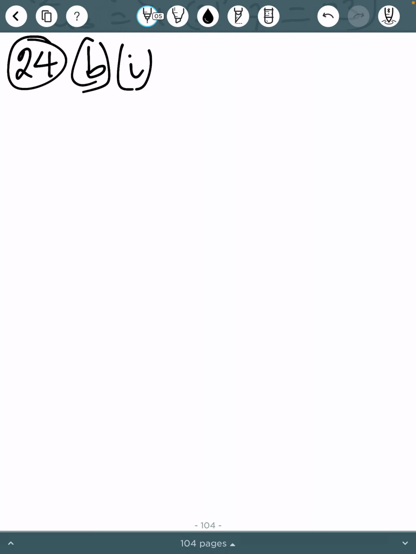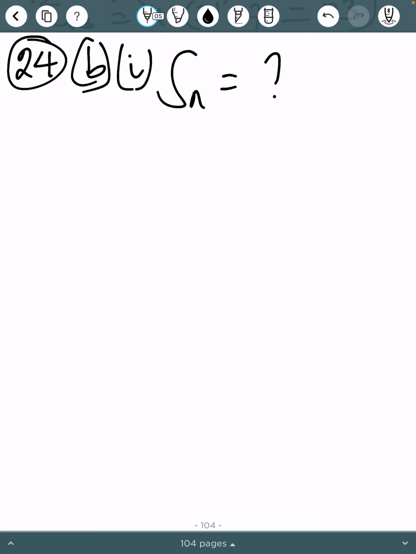Now let us go to number 24B. Let's move on to question 24B. In question 24B, Roman number 1, we are told to find the sum Sn of the first n terms of the sequence whose rth term is 4 times 2 raised to the power minus r.